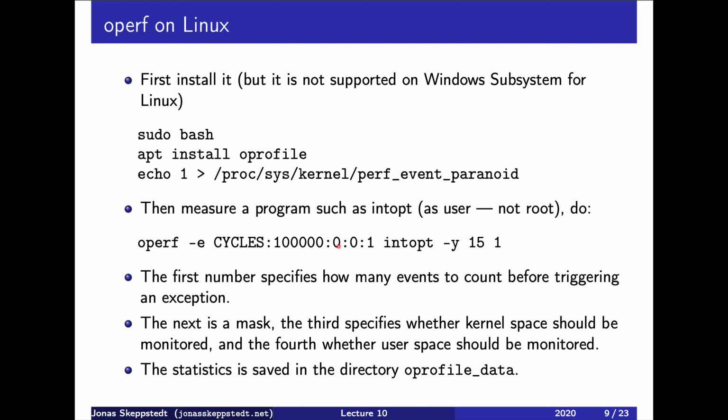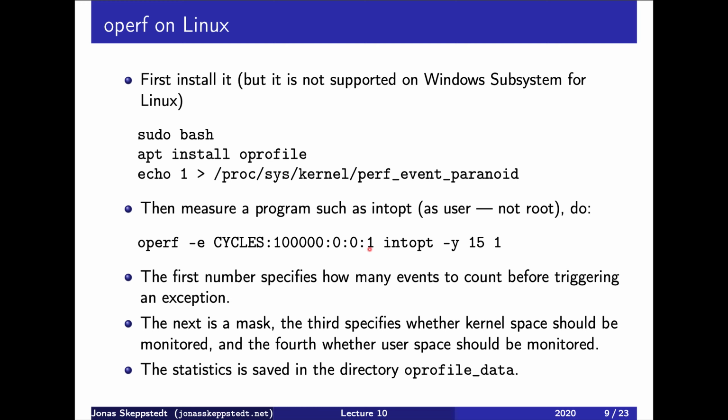Then this one can be skipped, and the next one should be 0. If it's 1, then we should also measure what's happening in the kernel, but we are not allowed to do that. You need administrator privileges to do that.